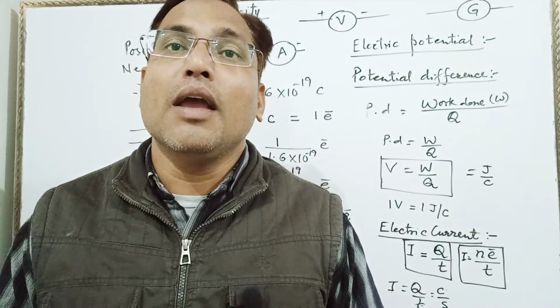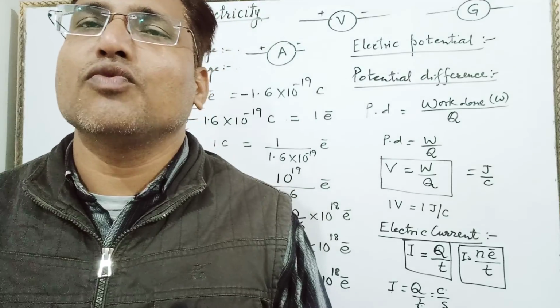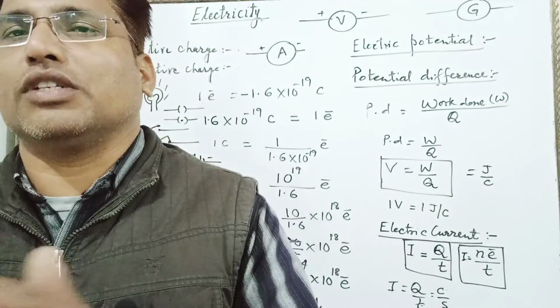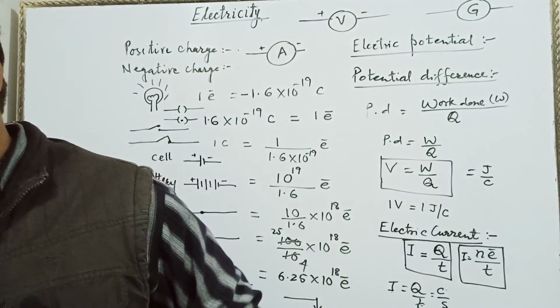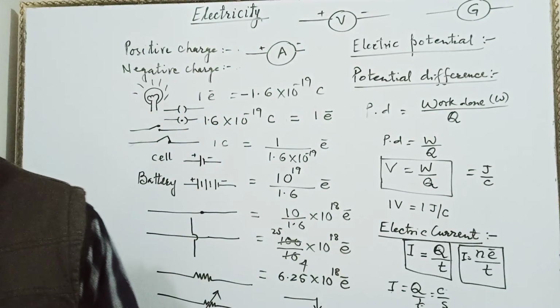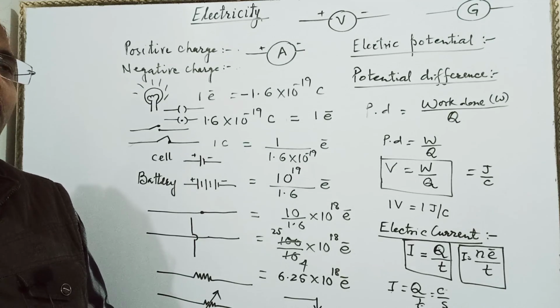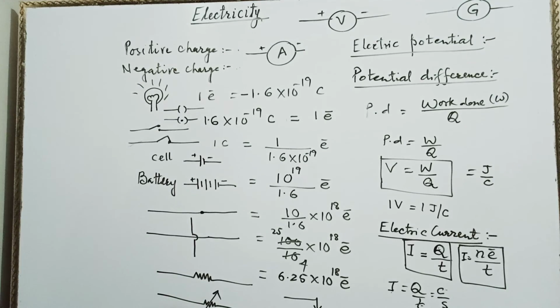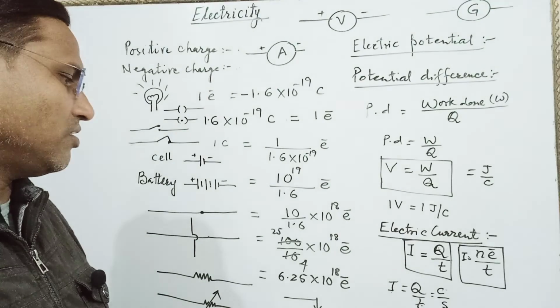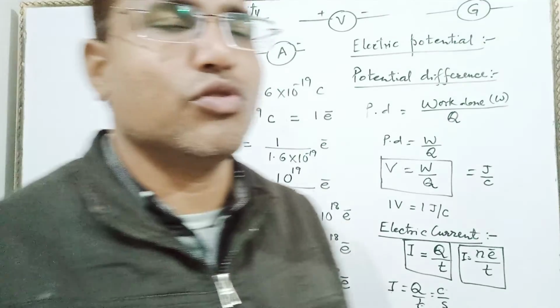But the electronic current is taken from negative to positive. So we will say that the conventional direction of electric current is from the positive terminal of a battery to the negative terminal through the outer circuit. When I show you the circuit diagram, I will show you then.